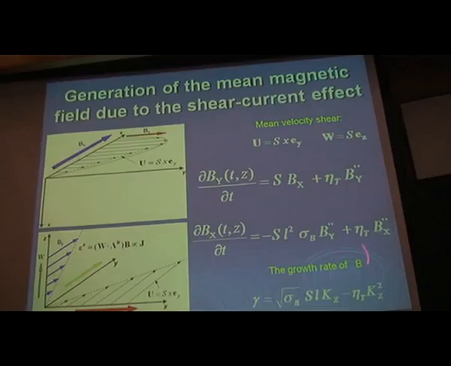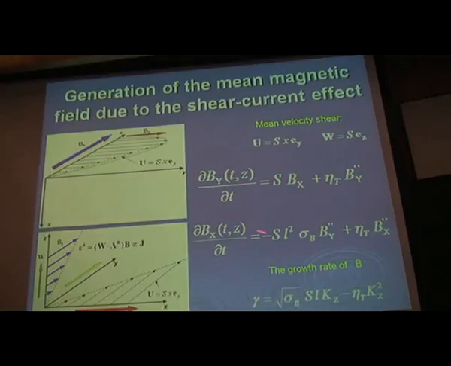This is turbulent magnetic diffusion. And this is the effect due to the interaction of shear, vorticity, S, multiplied by L squared, the maximum scale of fluid motion, and multiplied by the second derivative of the y component.